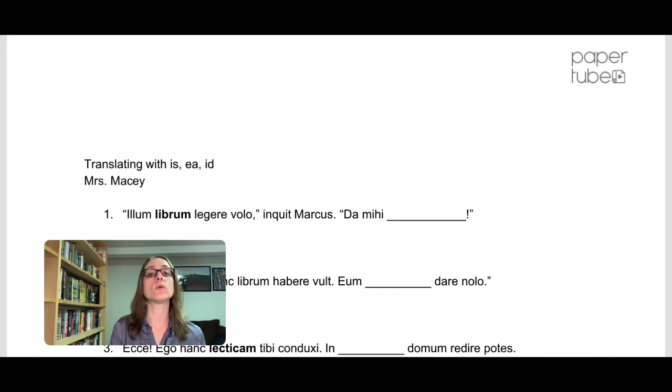Okay, let's start with number 1. Now we have words that are in bold for a reason. So in number 1 it says librum is in bold. That's because the blank is going to be filled with a form of is, ea, or id that agrees in gender and number with librum.